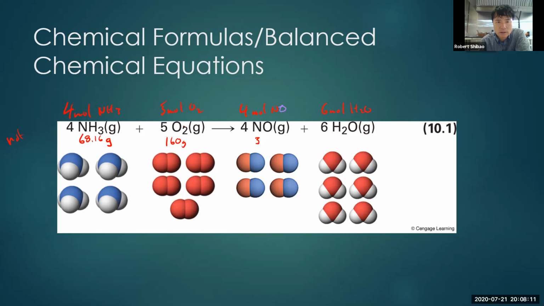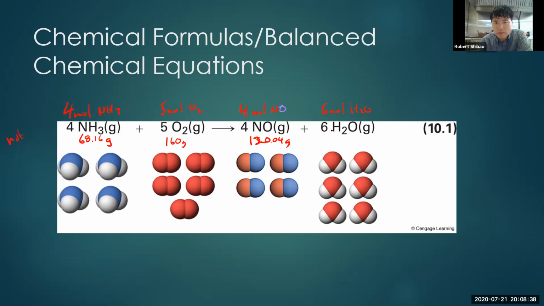Each mole of O2 weighs 32 grams, so 5 times 32 is 160 grams. For NO, nitrogen is 14.01, oxygen is 16, so 30.01 times 4 would be 120.04 grams of NO.